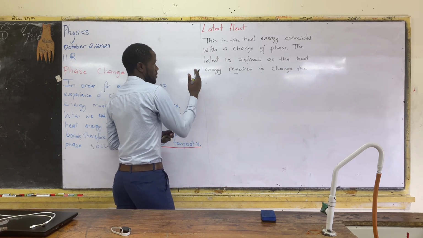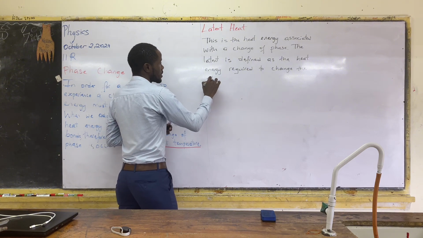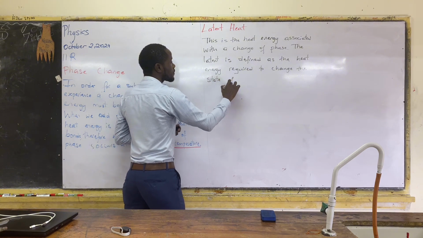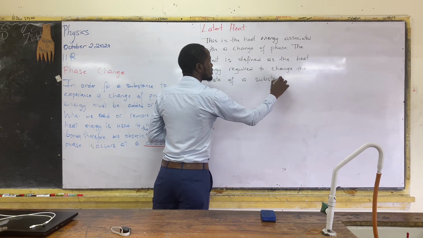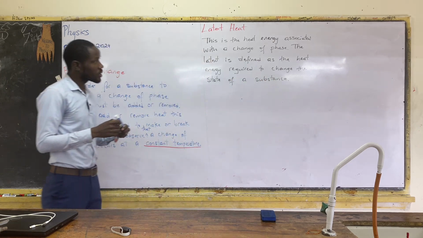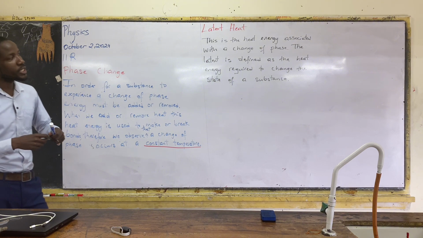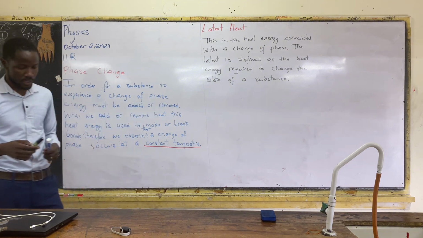Let me use the term state. We use them interchangeably. Change the state of a substance. That's the latent heat. It's the amount of heat energy required to change the state of a substance.